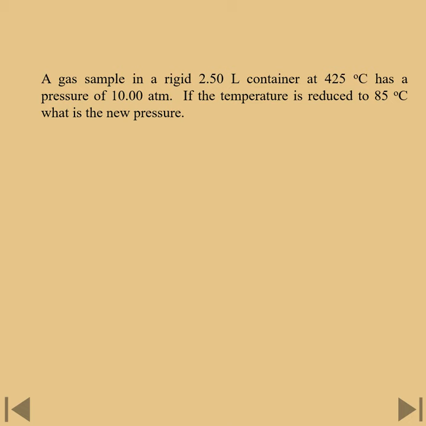Okay, a gas sample in a rigid 2.50 liter container at 425 degrees C has a pressure of 10 atmospheres. If the temperature is reduced to 85 degrees C, what is the new pressure? Okay, we're using our combined gas law equation. And so P2 times V2 over T2 is equal to P1 times V1 over T1. And let's see, is anybody held constant?